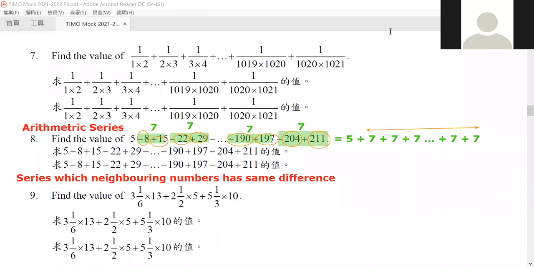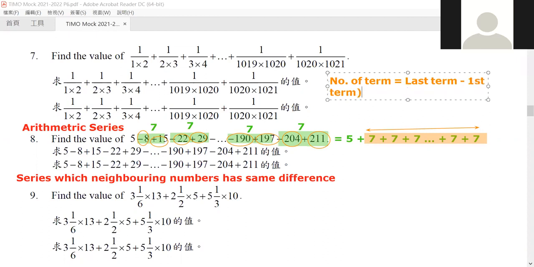So let us look into how many numbers there are in this arithmetic series. We can make use of the equation for the number of terms for an arithmetic series. It will be equal to our last term minus our first term, and then divide the whole thing by our common difference.